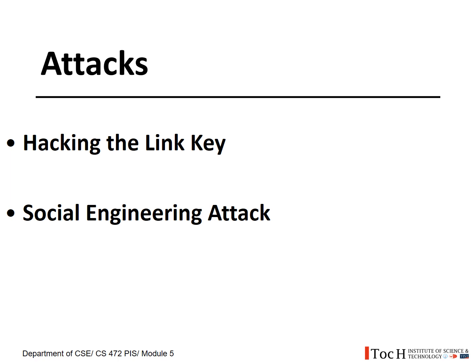Hacking the link key, in detail: it is possible to launch a dictionary attack by sniffing the different messages involved in pairing and authentication, and this enables an eavesdropper to obtain the link key, making it possible for the attacker to impersonate B to A under the assumption that link key is known only to A and B. And the second form of attack enables an attacker to pair his device with a careless user.